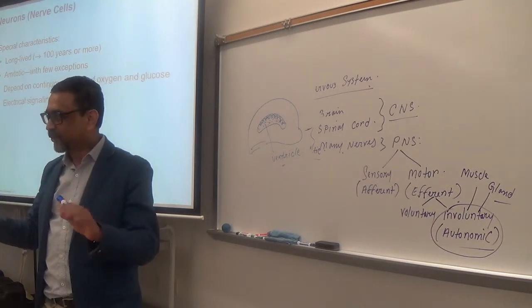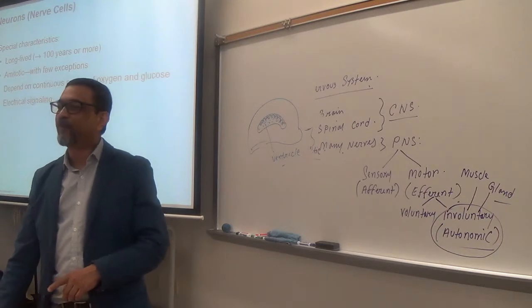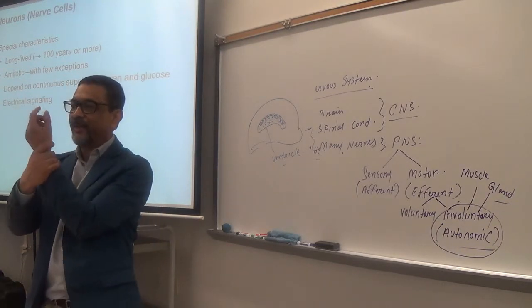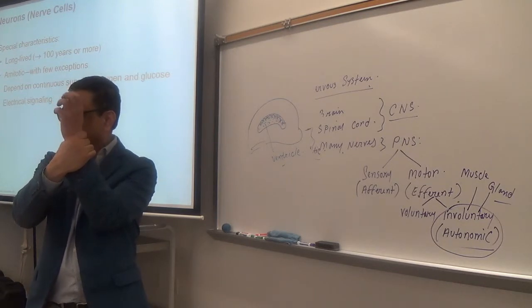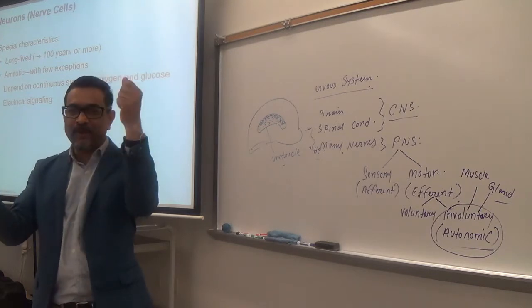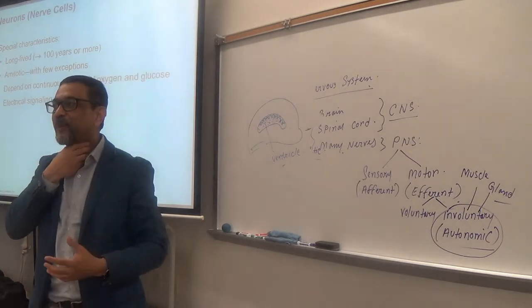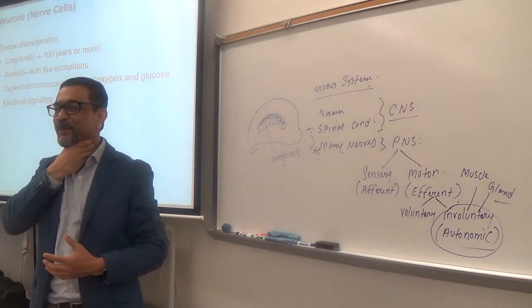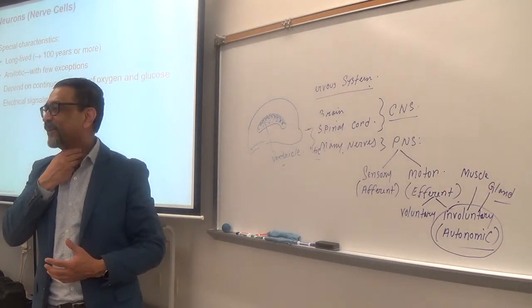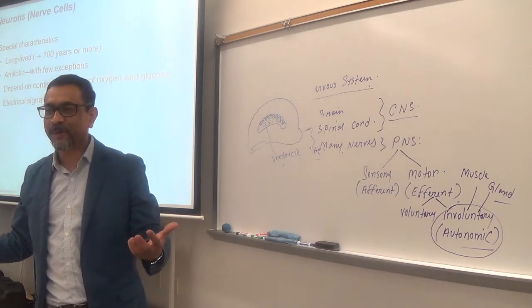Is it clear? See, if I stop the blood circulation to my hand like this, after 1 minute, if I remove it, you are fine. Now if I stop your blood circulation to your brain by pressing here strongly, what will happen? You will be unconscious or die.